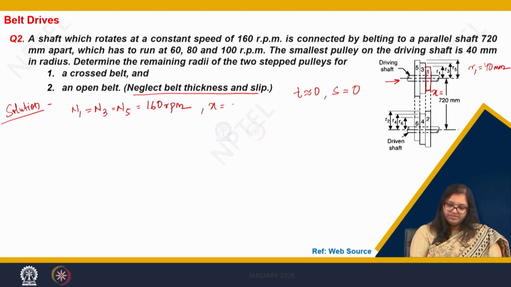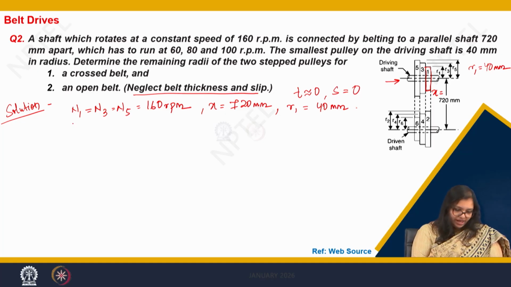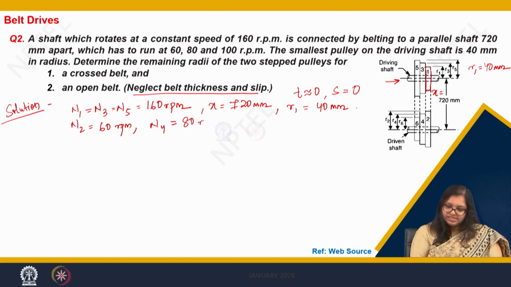My X is given as 720 mm and my R1 is given as 40 mm. Apart from that, I also have my N2 which is given as 60 RPM, my N4 is given as 80 RPM, N6 is given as 100 RPM.